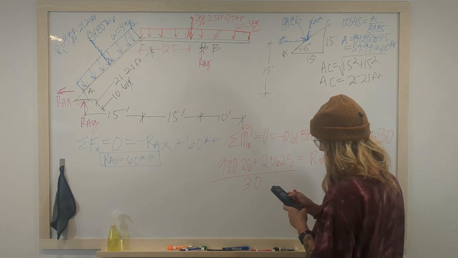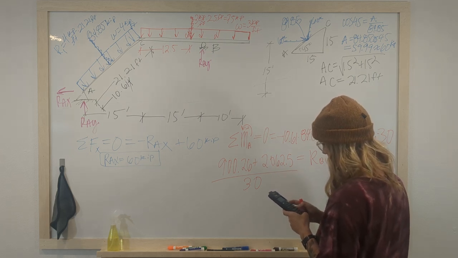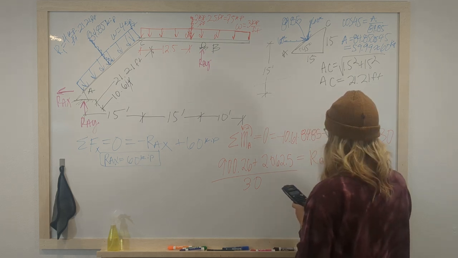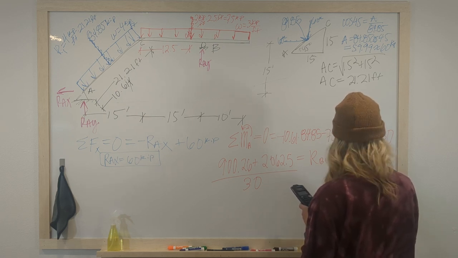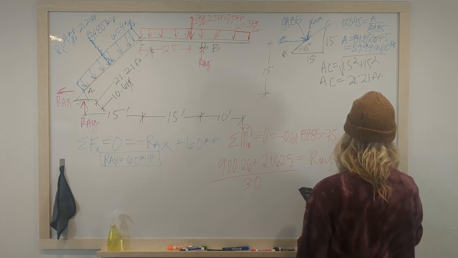So that plus that divided by 30, RBY is equal to 98.76 kips.